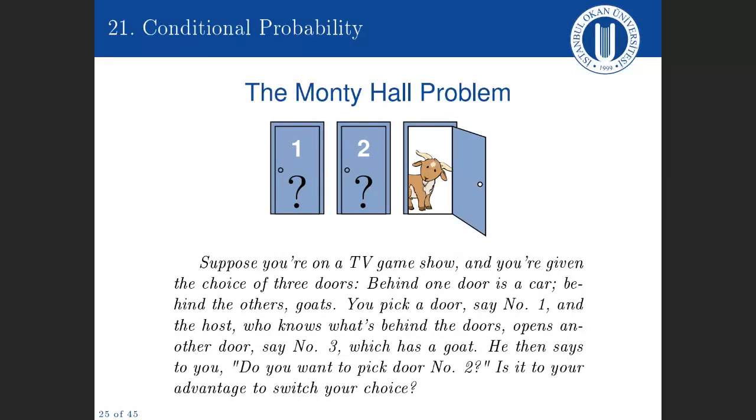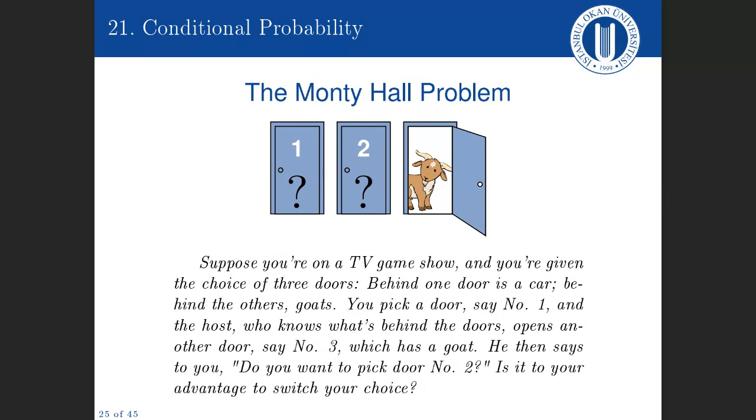The host of this TV game show knows where the car is. He knows which door has the car behind and which doors have the goats behind. Instead of opening your door, instead of opening door number 1, he opens a different door. Let's suppose he opens door number 3 and he shows you that there's a goat behind door number 3.